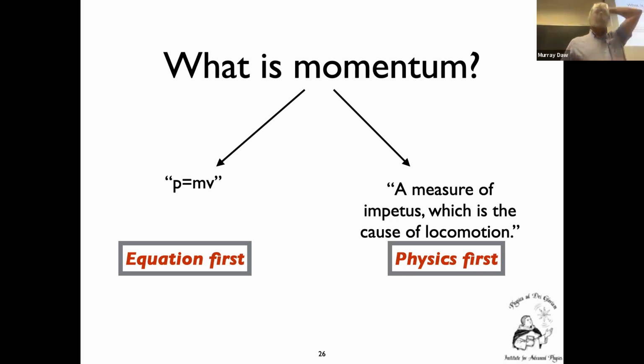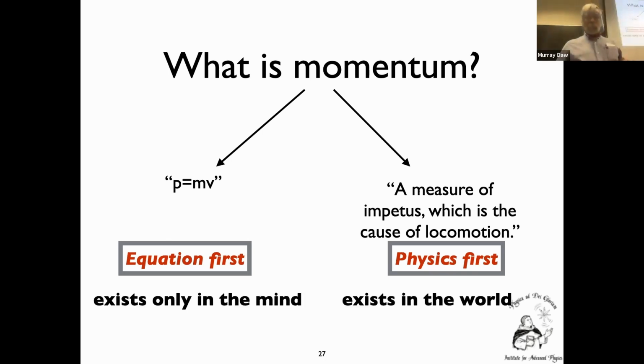Yes, sir. So, Mr. Silva. Yeah. Thank you. Momentum is the cause of motion. Yeah, I'll explain here. It's coming. We're going to do this. The equations exist. Where do equations exist? Only in the mind. I can write it on the board, but I'm just scratching symbols on the board. You have a conception of the meaning of the equation that's in your mind.